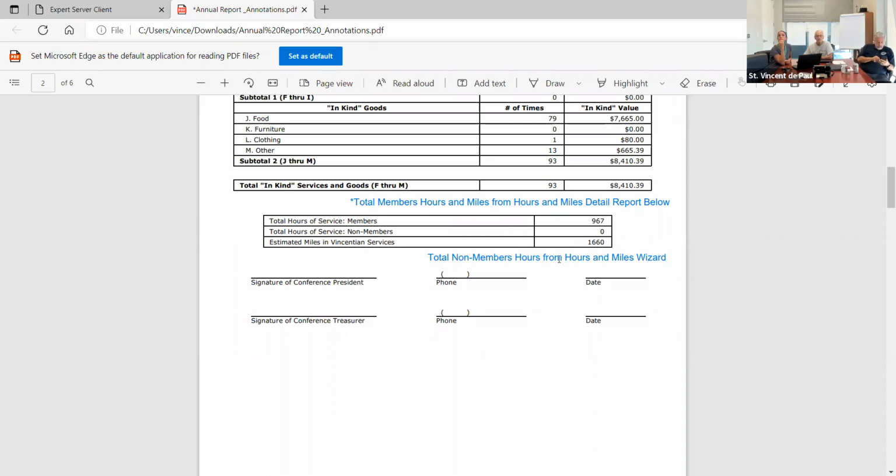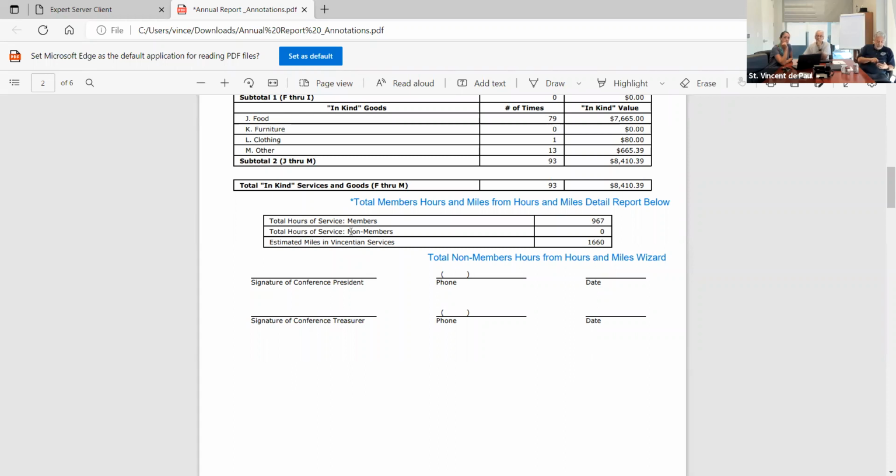But as long as we're here, let's talk about it. The total member hours and miles come from the hours and miles detail report below. I'm going to explain to you where they come from in a minute. So when you look at the hours and the miles there, that's from the detail of the hours and miles report. Then you have the ability to put in non-member hours.